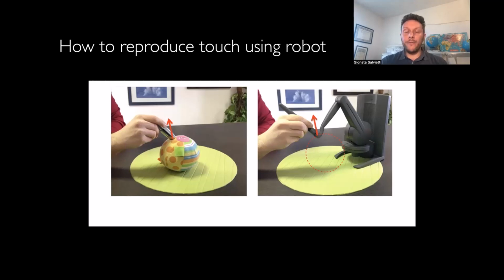So if we now remove the real object and place a robot that is able to reproduce exactly the same force in the same direction, for the sense of touch, we are touching exactly that object.